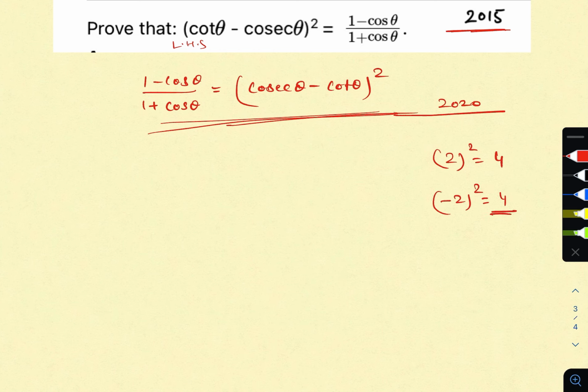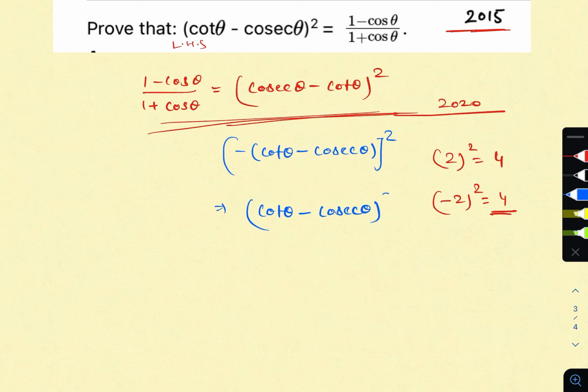So in the right hand side, if I take the minus common, it will be (cot theta minus cosecant theta) whole square. Now this negative and the whole square is there, so the negative will be converted into positive. So this complete thing will again equal (cot theta minus cosecant theta) whole square.